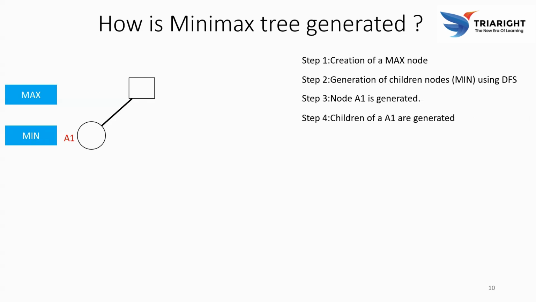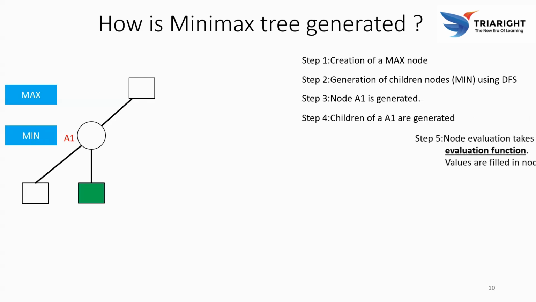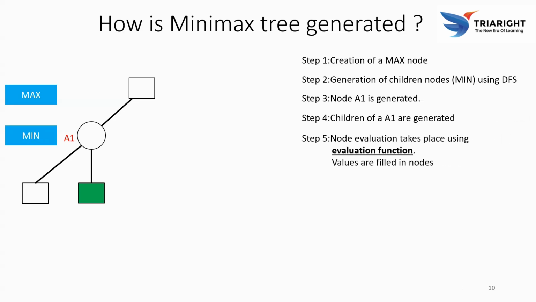So for A1, here we have step 4. Children of A1 are generated. We can see here. Step 5: node evaluation takes place using the evaluation function. Values are filled in the nodes, right? This is a crucial step once the algorithm reaches the leaf node, the deepest node in the tree that it explores within its set depth limit or a terminal game state.